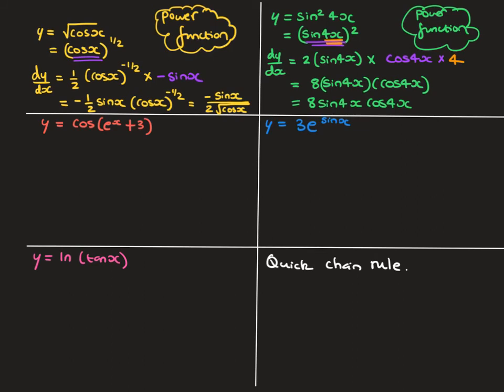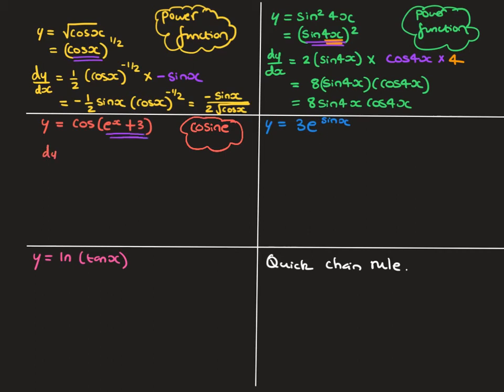Now, this red question. What is the overall function? There's an exponential and there's a cosine involved, but the overall function is a cosine. So the inner function we can identify as e to the x plus 3.